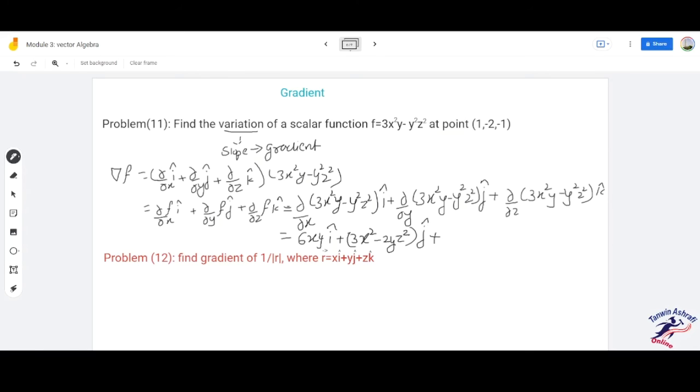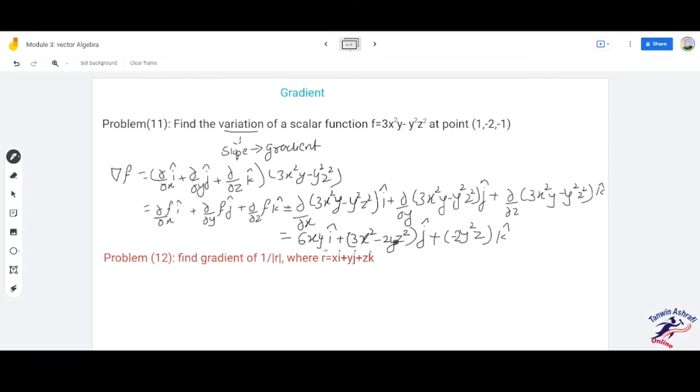Then again plus, the first term will be constant for the partial derivative ∂/∂z, second term minus y², and the derivative of z² is 2z, so 2 times z results in the k cap.